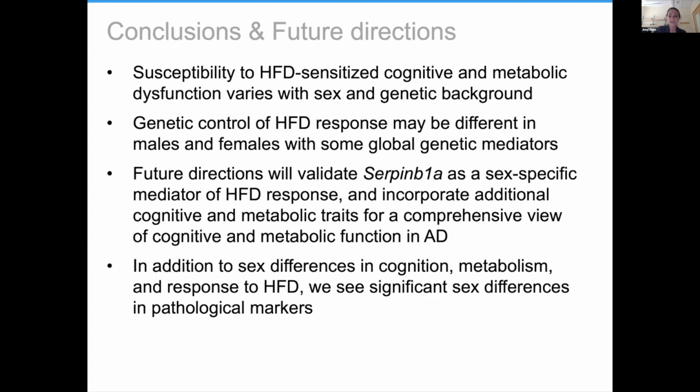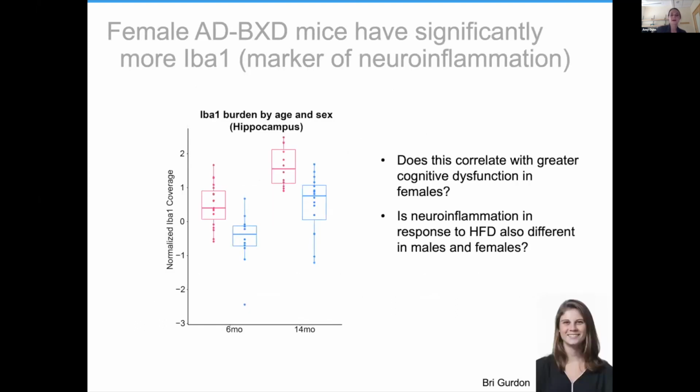And I wanted to leave off with a little plug for another lab mate who is looking at additional sex differences in this mouse panel. So Bree Gurdon is a graduate student in the lab who quantifies different cell types and pathologies throughout the brains of our entire ADBXD panel.